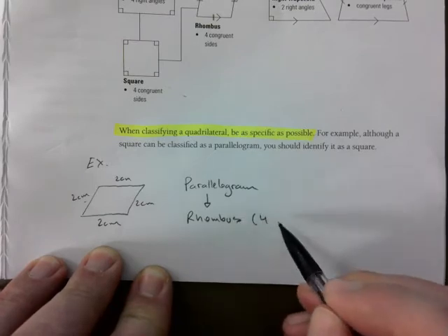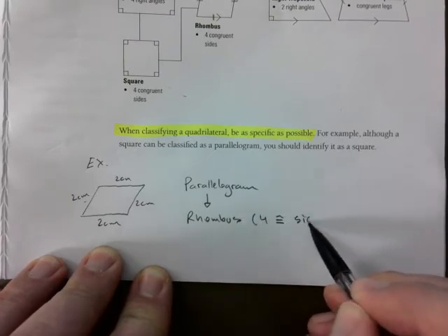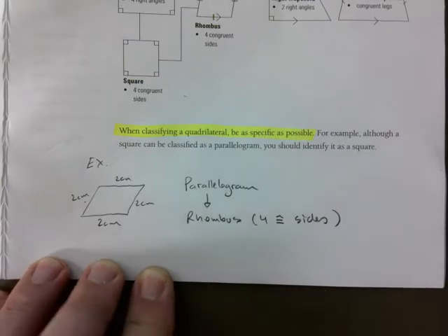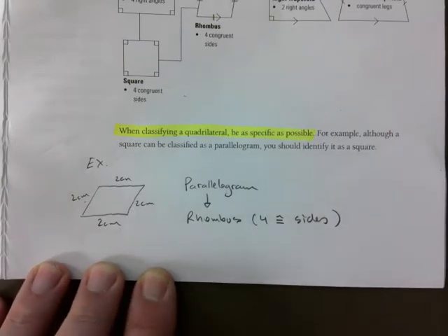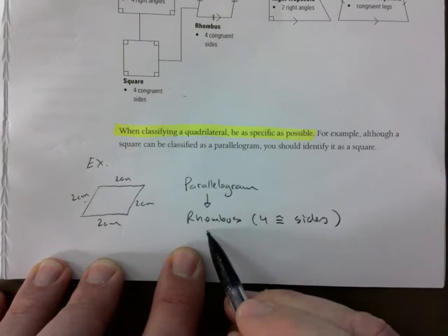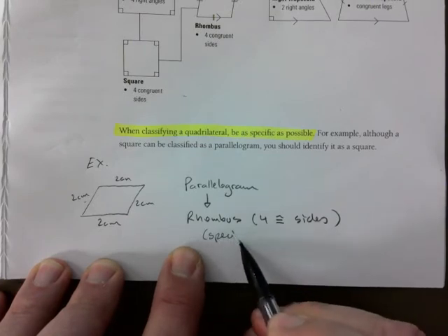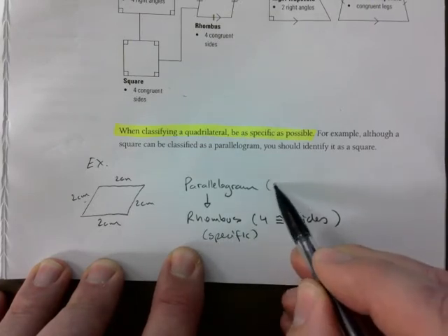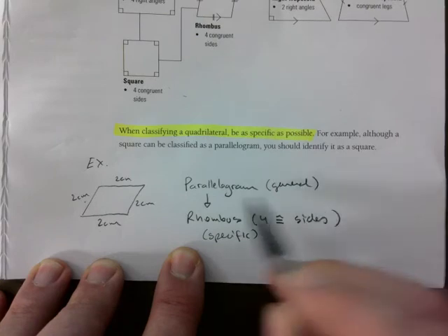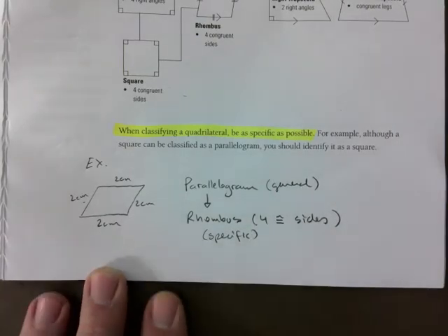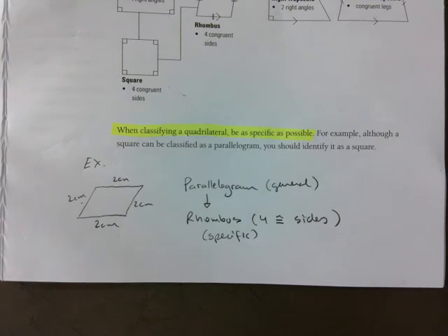right? 4 congruent sides, right? So it does look slanted, but this is being specific, right? This is general. In this case, saying that it's a parallelogram would be a general statement, but you need to be as specific as possible.